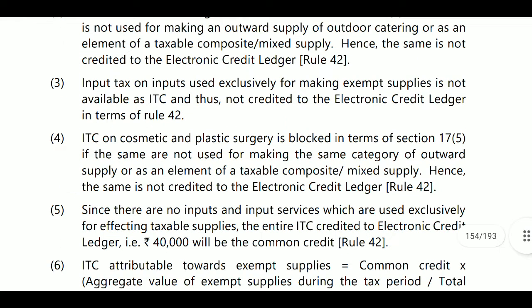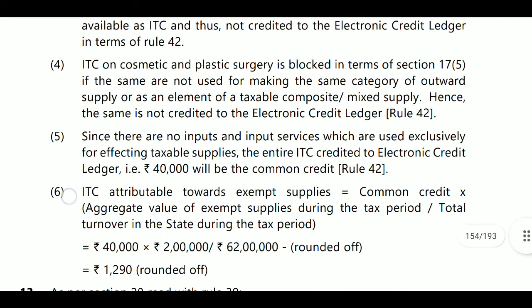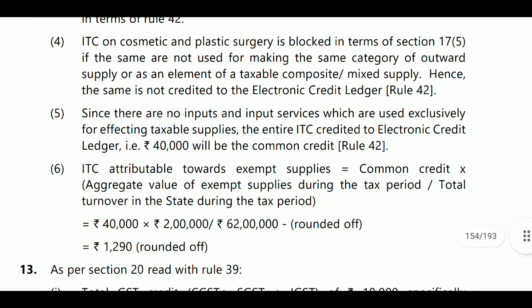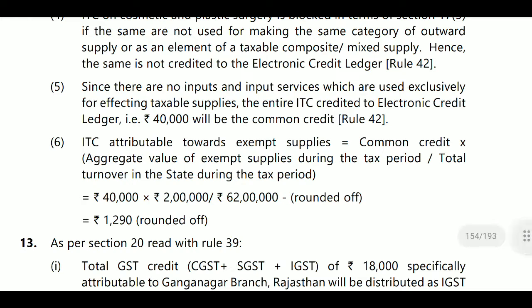Next, input tax on inputs used for exclusively making exempted supplies is not available as ITC and thus not credited to the electronic credit ledger in terms of rule 42. Next, fourth one, ITC on cosmetic and plastic surgery is blocked in terms of section 17(5). If the same are not used for making the same category of outward supplies as an element of taxable composite or mixed supply, hence the same is not credited to the electronic credit ledger.